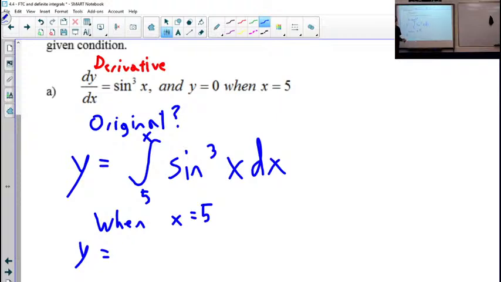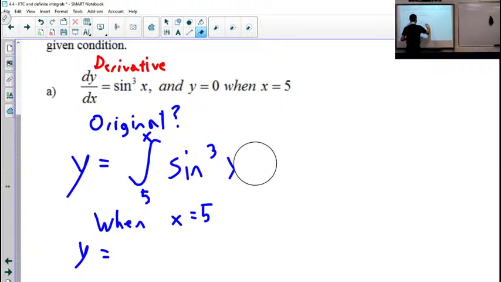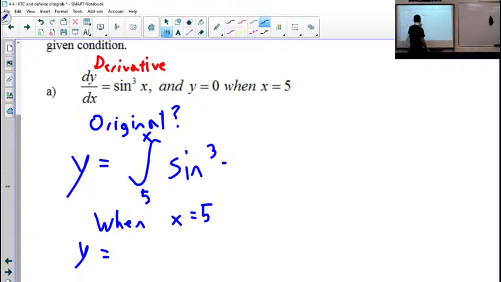And when x is 5, oh, wait a second. Let's not keep the dt. I can't have the same thing in the bounds as I have in the integrand. So I need to just use a different variable.